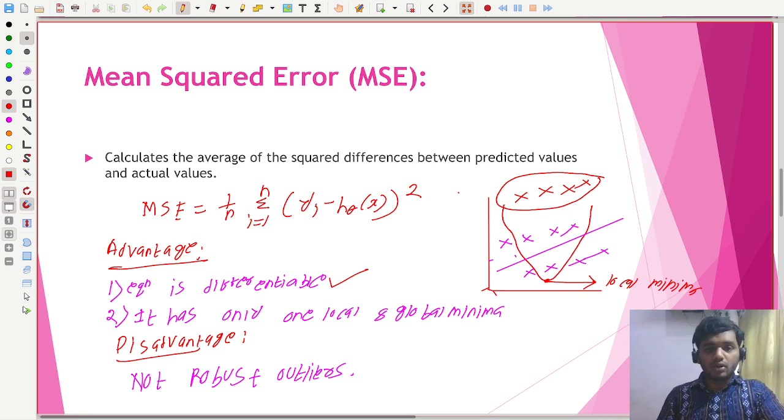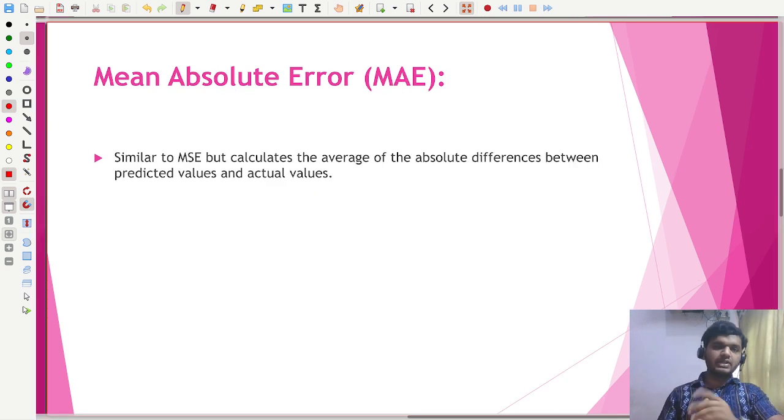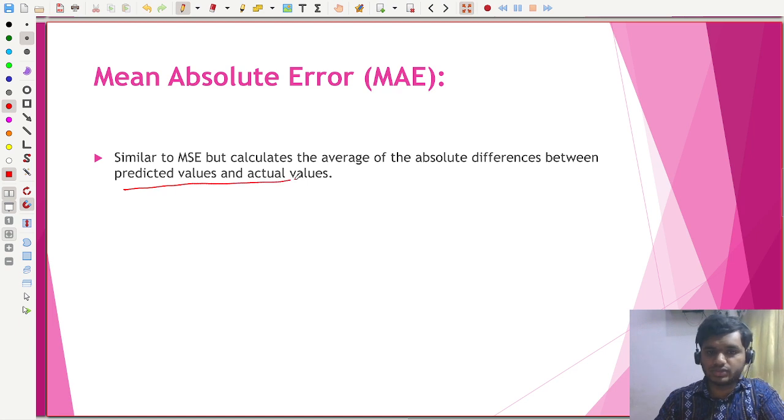Okay, so for this disadvantage, we will go to the second method, that is mean absolute error. It is more similar to mean square error, but it calculates the average of the absolute difference between predicted value and actual value.